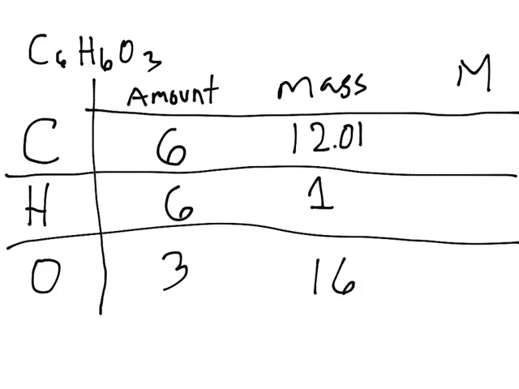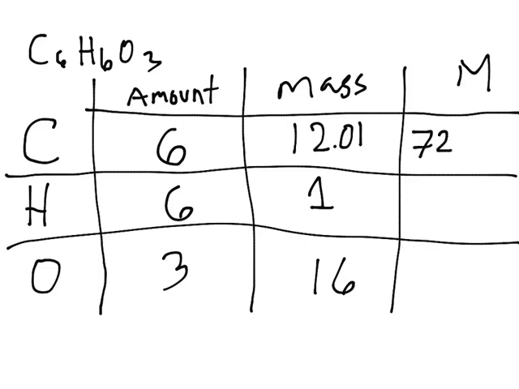It is actually 15.99, but just to make it a little bit easier. Then you multiply these, so 6 times 12.01 is 72.06, 6 times 1 is 6, and 3 times 16 is 48.